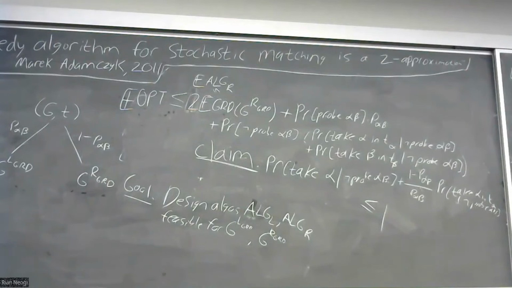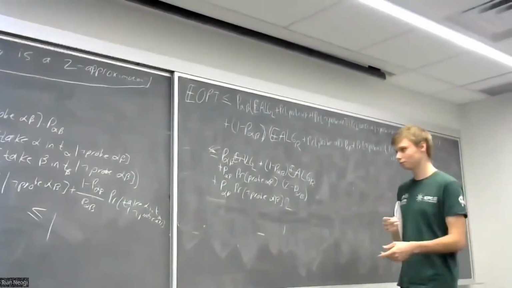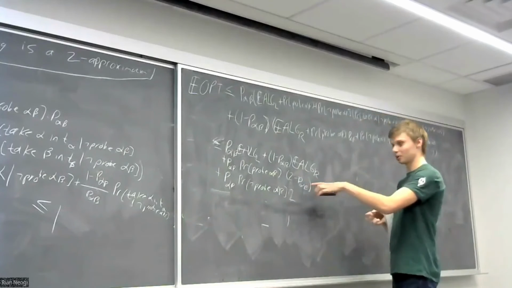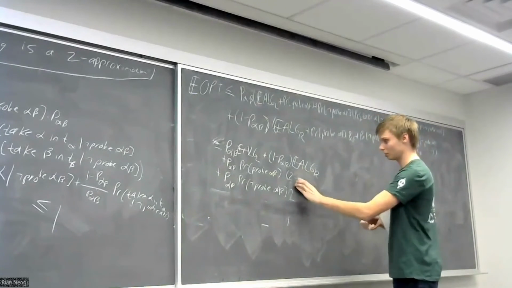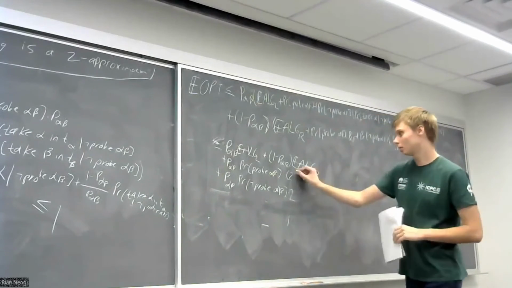We have this is less than or equal to 1, this side. So we can just erase this. And here we get another p alpha beta times the probability we don't probe alpha beta. So there's 2 of those. We have this minus p alpha beta term here. We can just get rid of it and we still keep an upper bound.